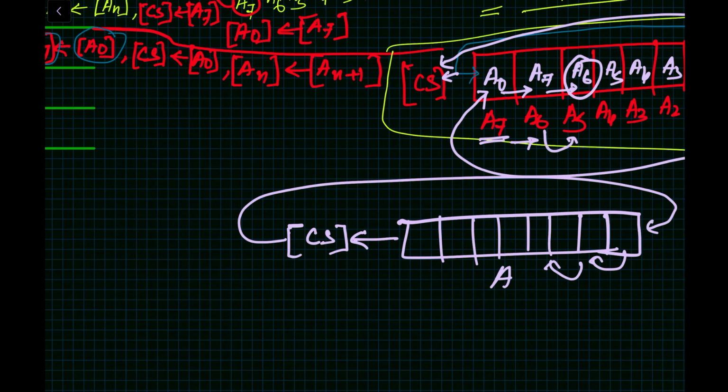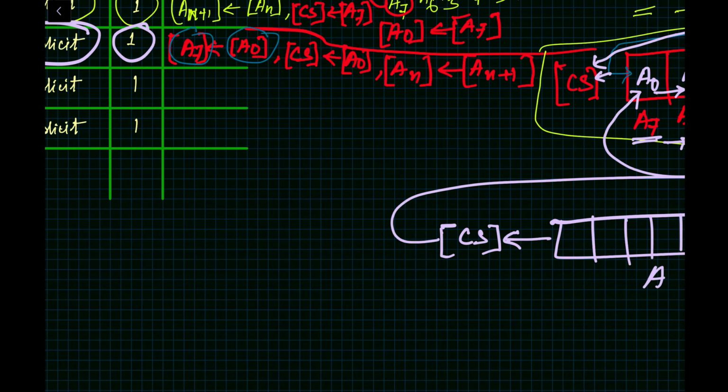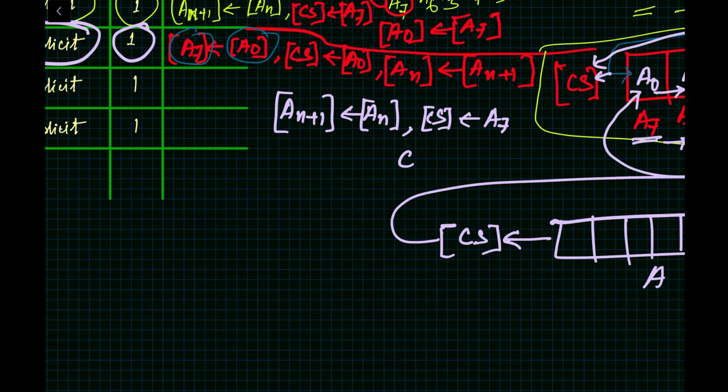Okay, so here in this case we can write for RAL like this: A(N+1) will be rewritten with AN, and A7 will be written into the carry status. CS will be written with A7 in this case, and the carry status CS will come to the least significant bit, that is A0.